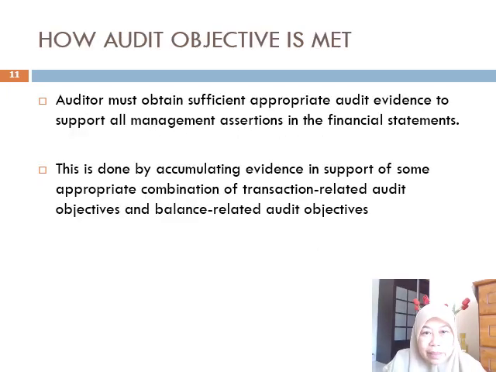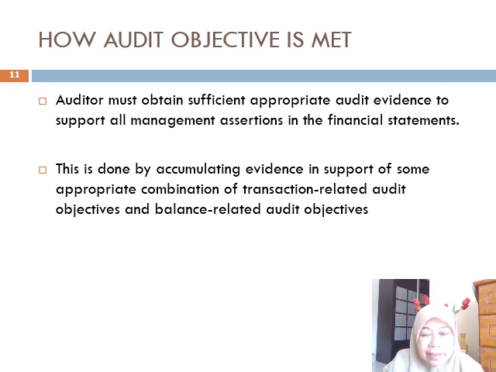How is the audit objective met by the auditor? So first of all, the auditor has to obtain audit evidence, and the audit evidence has to be sufficient and appropriate to support all management assertions in the financial statements.